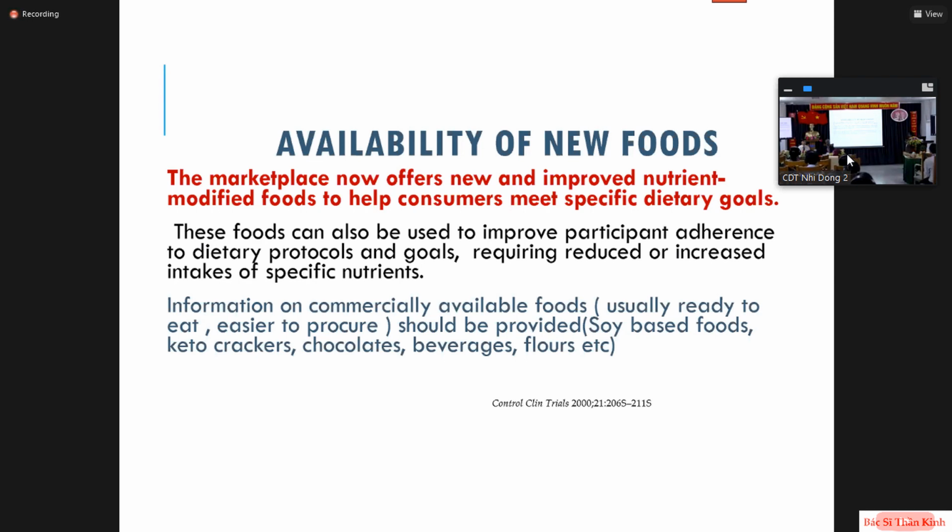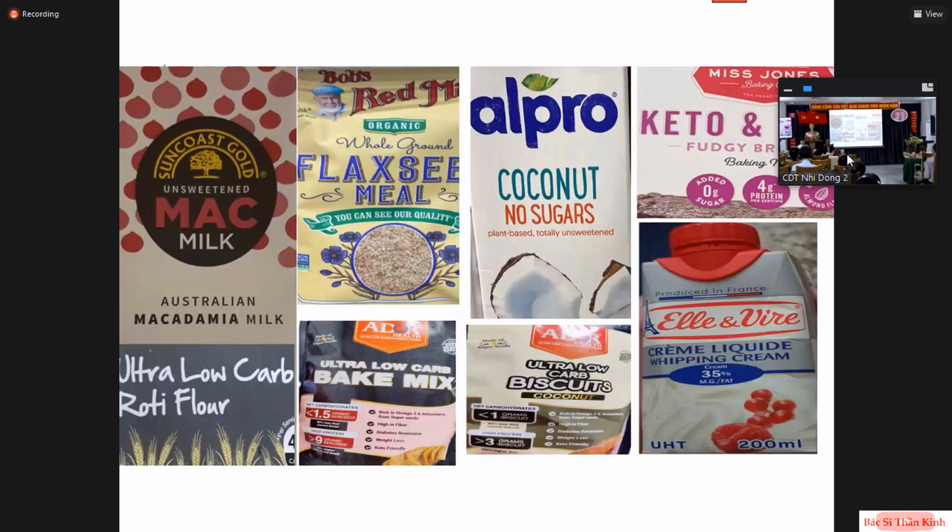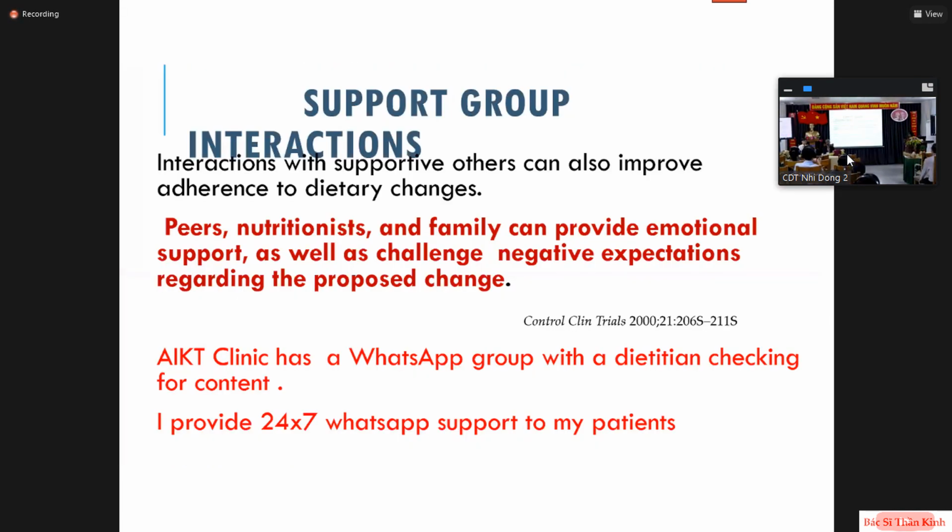Depending upon the country of residence and availability online, there are so many food products available. So there should be enough information on commercially available foods, and that would lead to more variety and improved compliance.